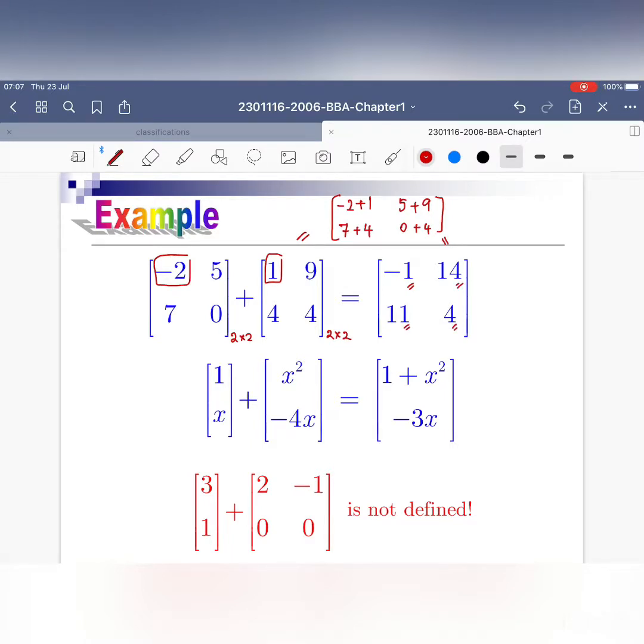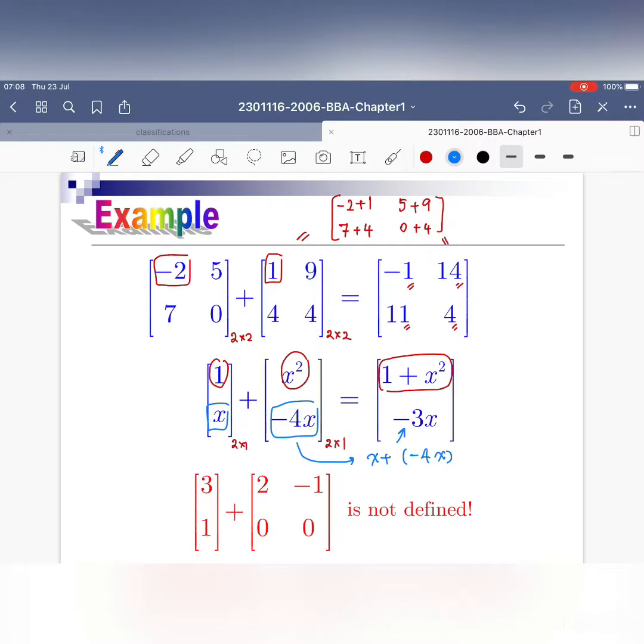This one as well, you have a 2 by 1 and a 2 by 1 matrix. As you add them up, the first row is added, so you get 1 plus x squared, and the second row is added, so you have x plus negative 4x, which becomes negative 3x.